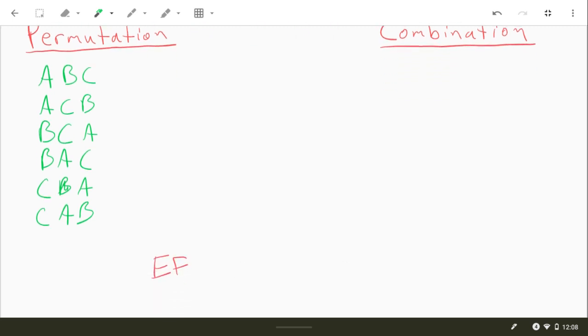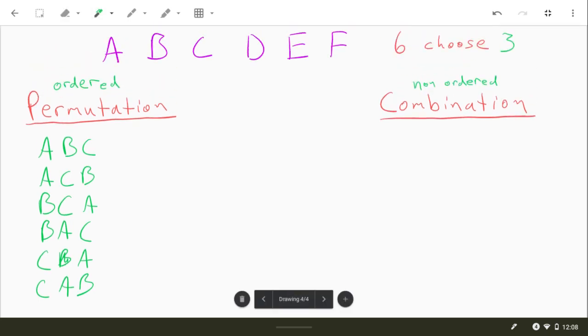We actually did something like this last time, all right? It's kind of like you've got maybe 6 candidates for a job, and you have to fill 3 positions. All right. So for that first position, you actually have 6 possibilities to choose from.